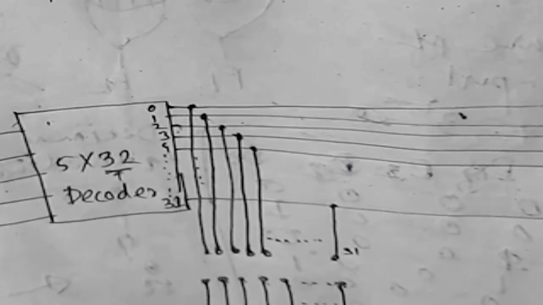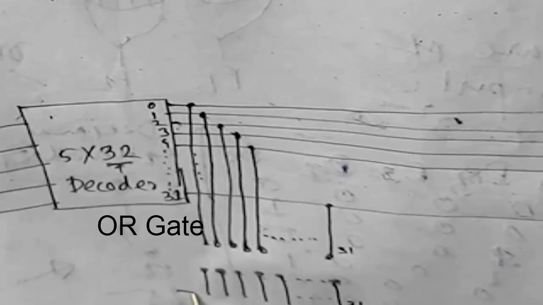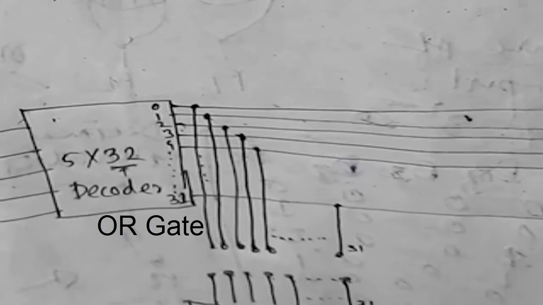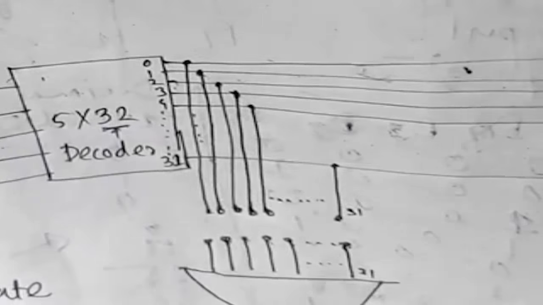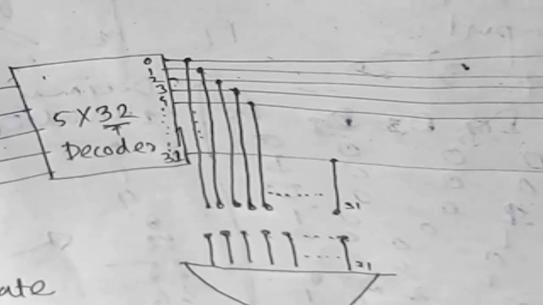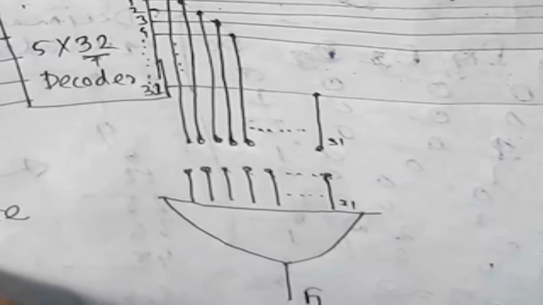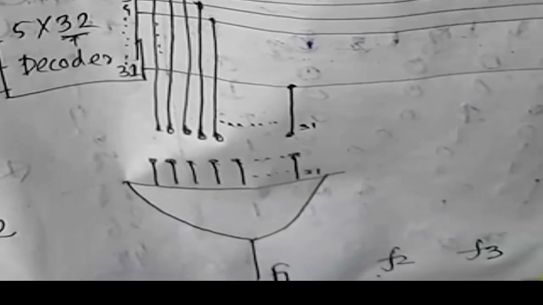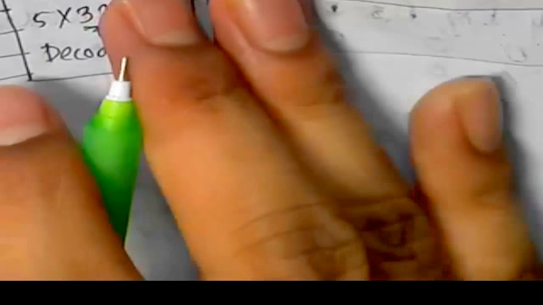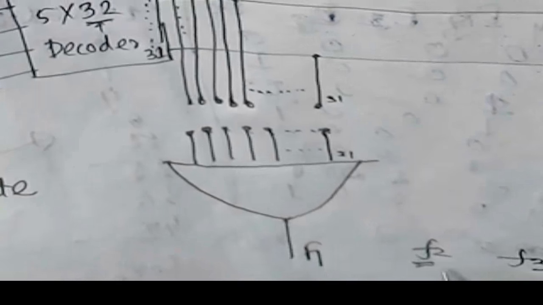So we will see an OR gate. We will denote it with F1, and as the output is 4, we will construct similarly F2, F3 and also F4.